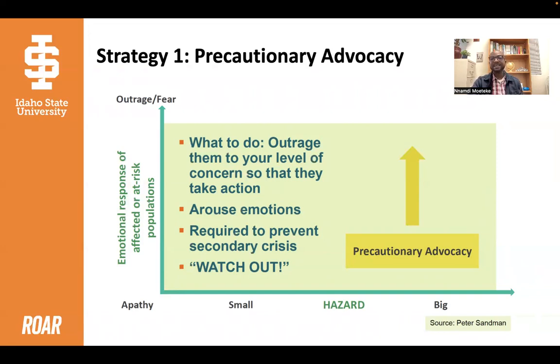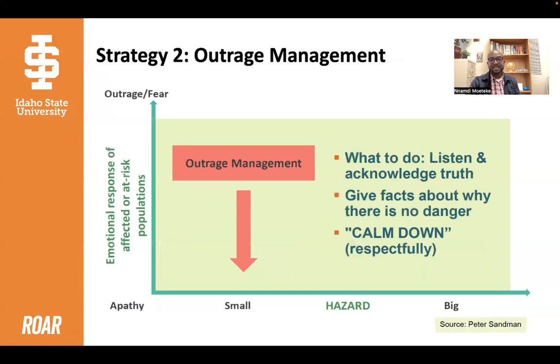So here, the goal is to outrage them to our own level of concern so that they can take action to protect themselves from the imminent danger. And that will mean arousing their emotions, because we want them to be able to prevent the crisis that is at hand.